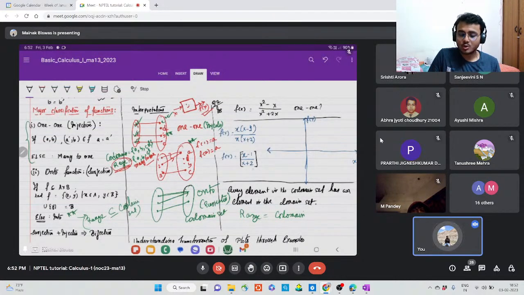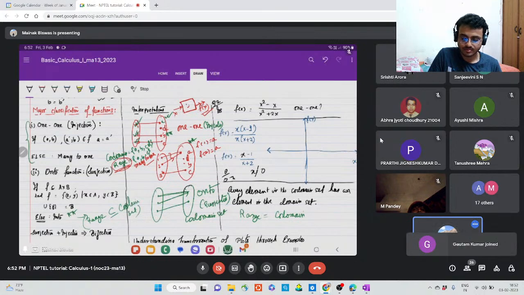Now for what values of x is this true? Does this hold for x equal to 0? No. For x equal to 0, you're dividing by 0; 0 by 0 is not defined. So at 0, you have no solutions to this.